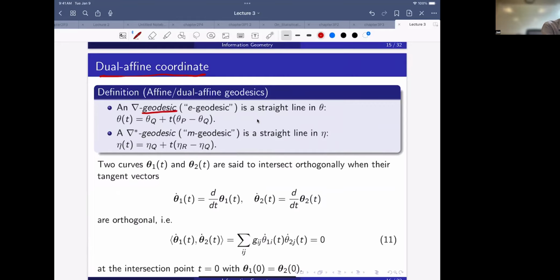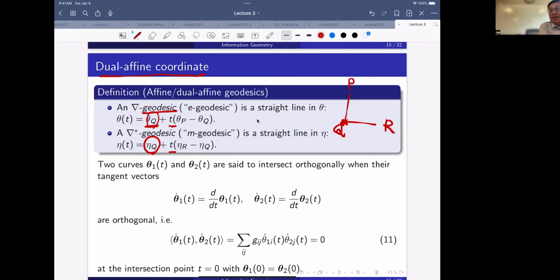Because we want to have this Q, the overlapping point should be Q, and we want to make it like P and Q and R, right? So the starting point is Q. One is in the theta system, the other one is in the eta system. And then this is a line.